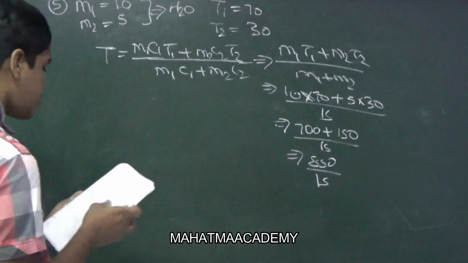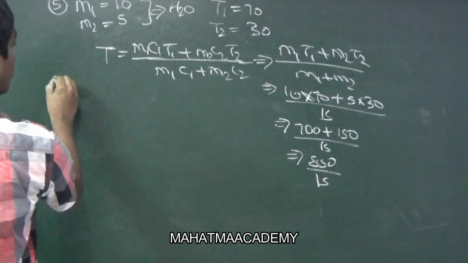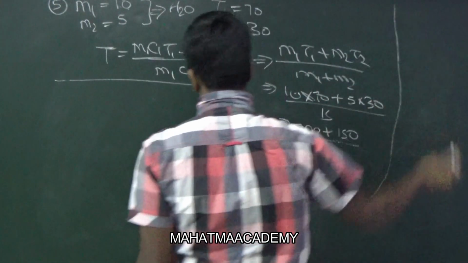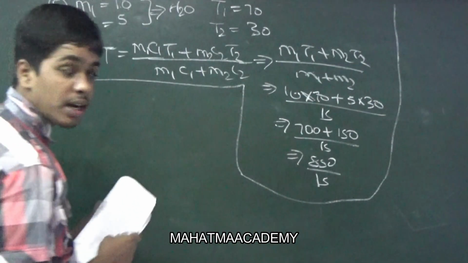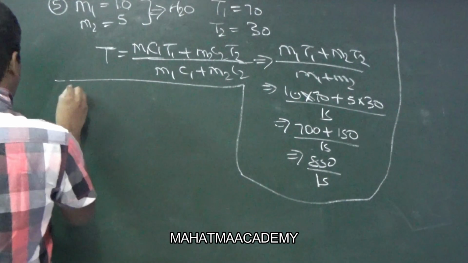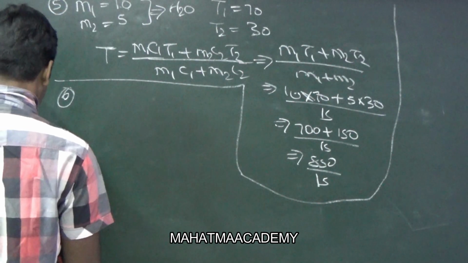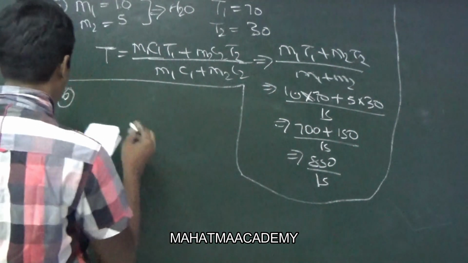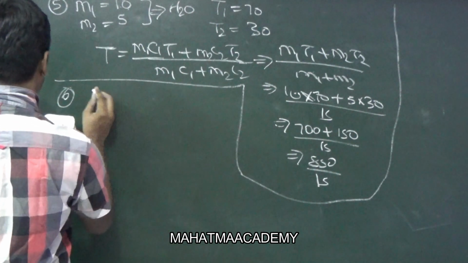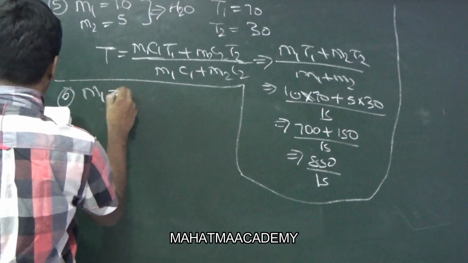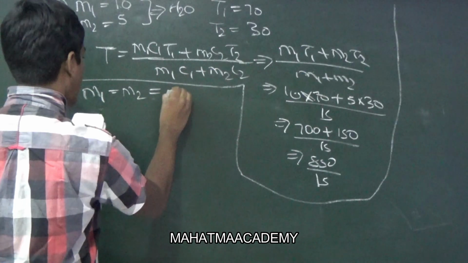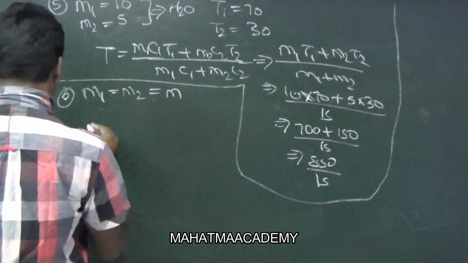Now let's discuss the next question. Sixth question. Now there are two masses, M1 is equal to M2 is equal to M, the same mass.